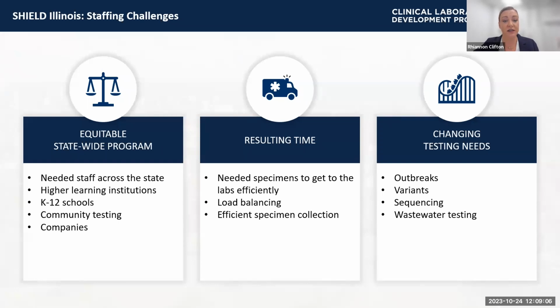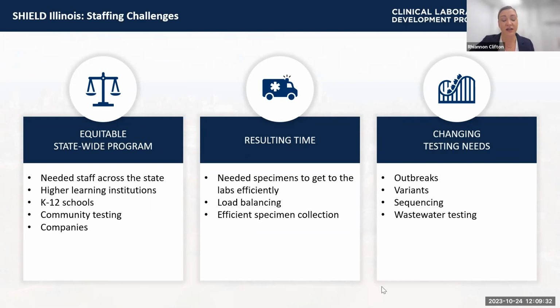And we also were testing at companies to keep production lines open, food production going, things like that. We needed specimens to get to the labs efficiently and balance across our labs. And we needed to have efficient testing protocols in order to keep that turnaround time low so that people could get their results in time to make a difference in their behaviors and slowing the spread.